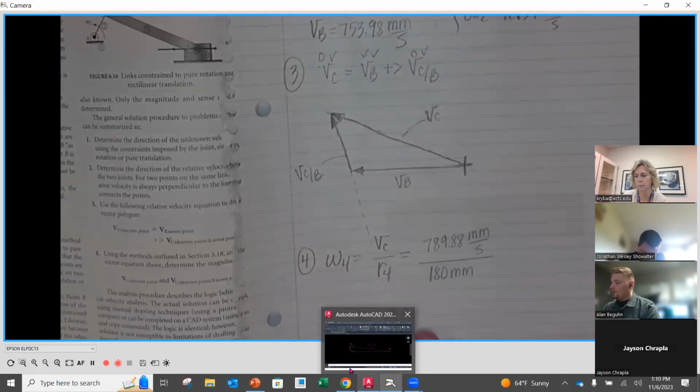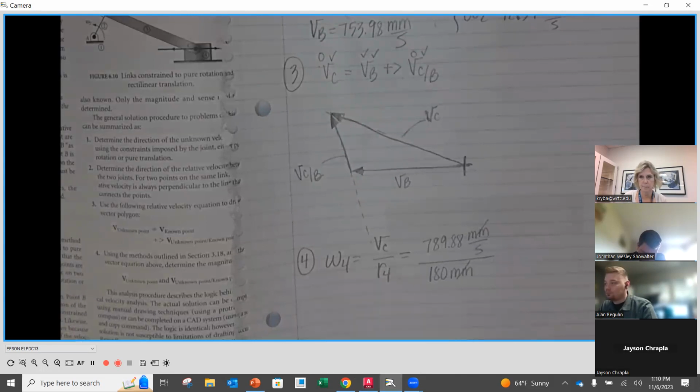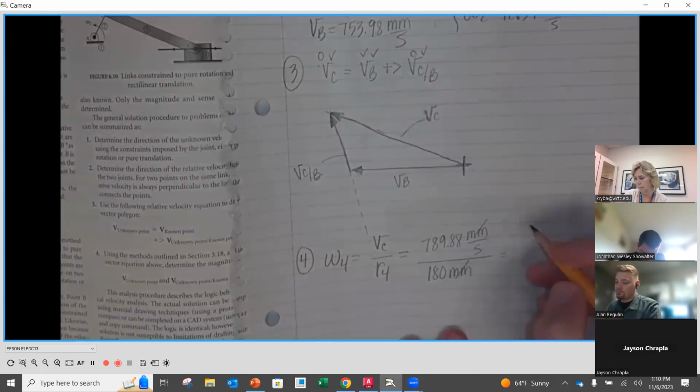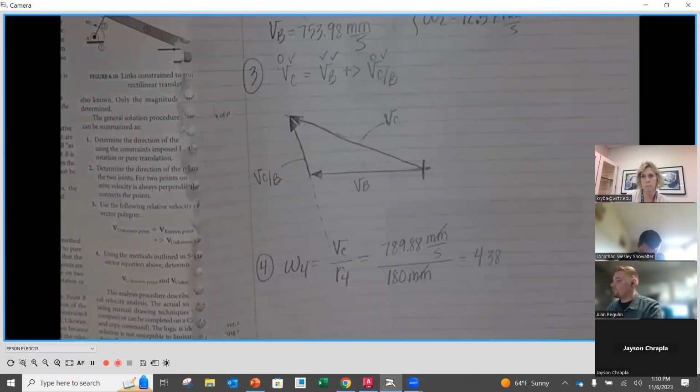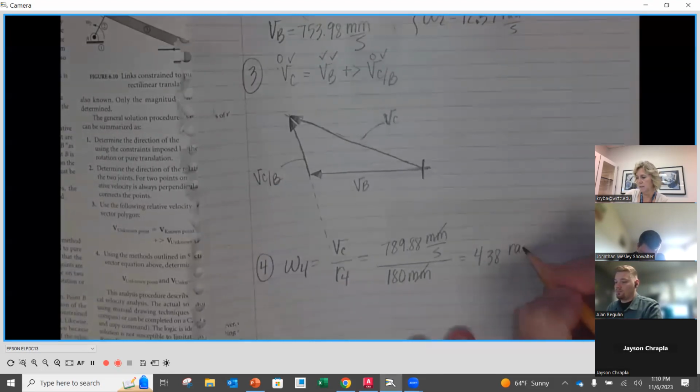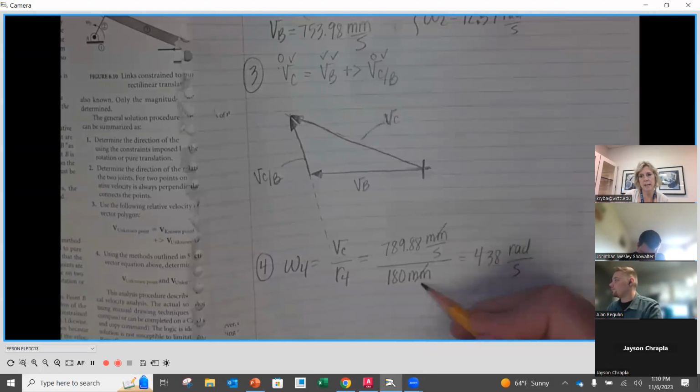Okay. Millimeters cancel out. What is the magnitude of the angular velocity? Say it again. 4.38. What are the units? Radians per second. Yes, because millimeters canceled out.